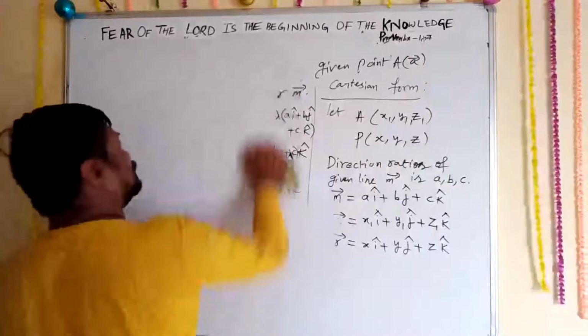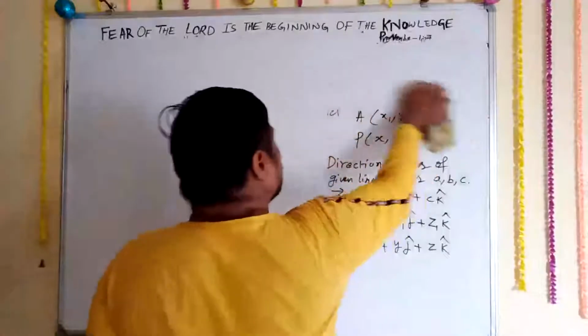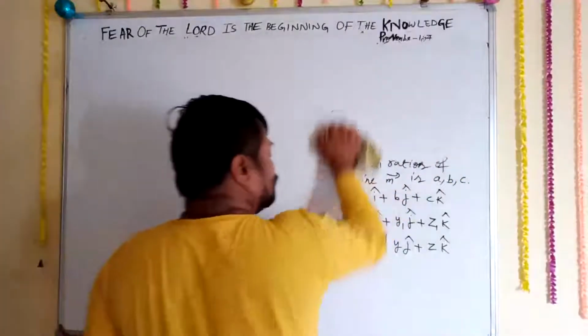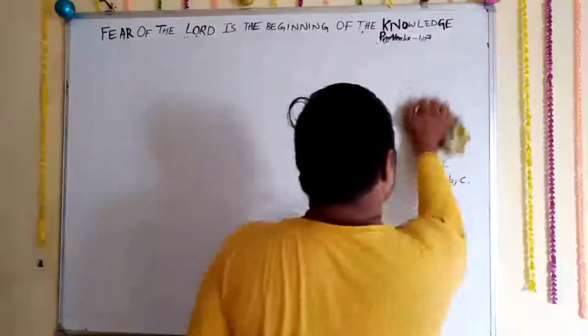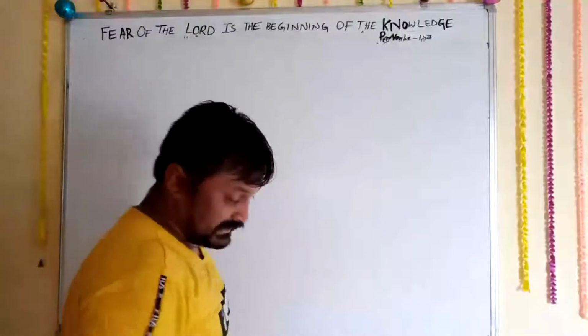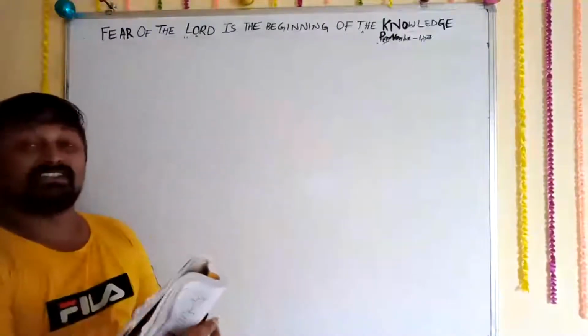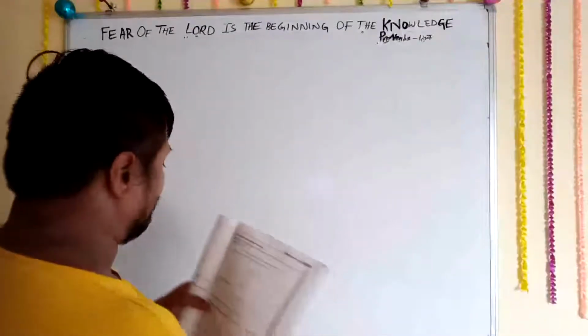This is our first one. We'll go for the second now. So these two are completed, then solving your problems is very easy. If they are given in your examination, you should be ready to write. Because of that reason, I was explaining.